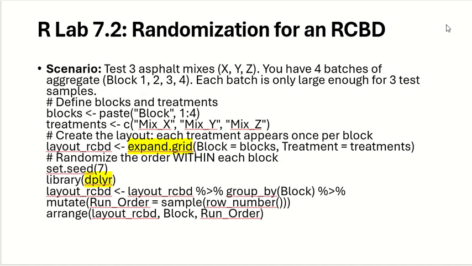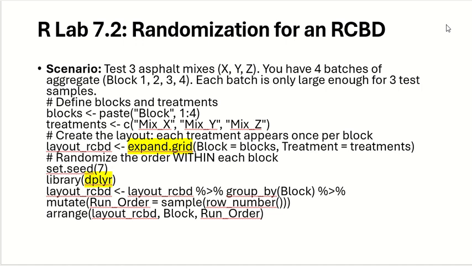For each batch, we have 3, right? Each block has X, Y, and Z. And 4 blocks, each block with 3 letters.